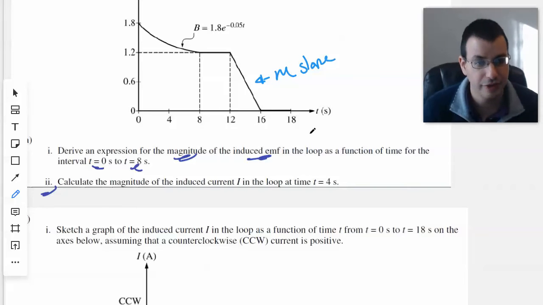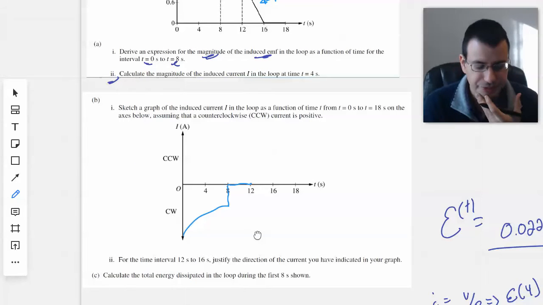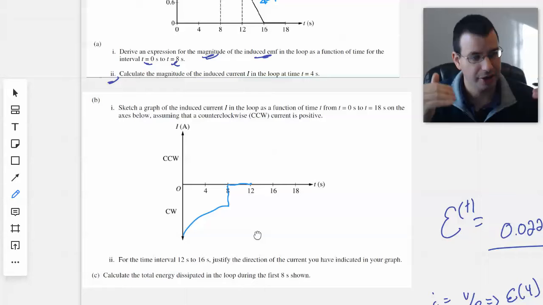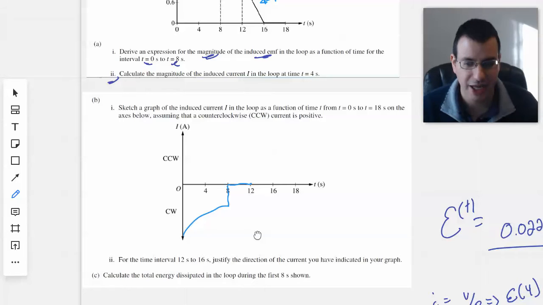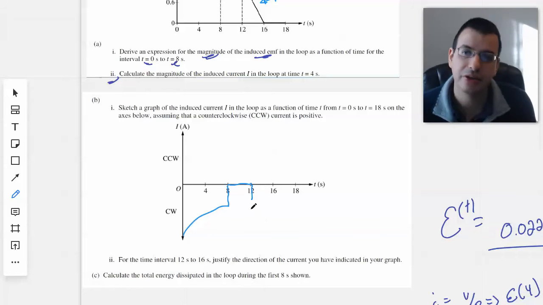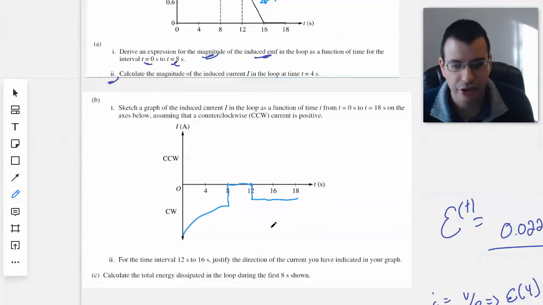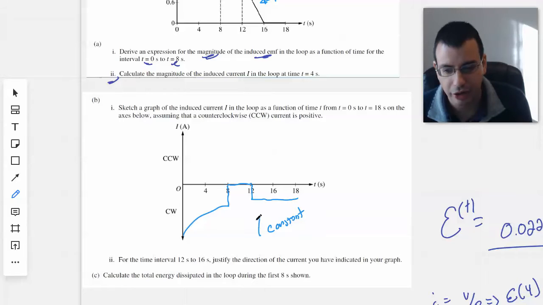And then when we take the derivative of that, that will give us our EMF. We're not doing exact numbers here. So we're just going to say then that it is constant. So I'm going to write constant with a little arrow, and I'll write exponential with another little arrow.